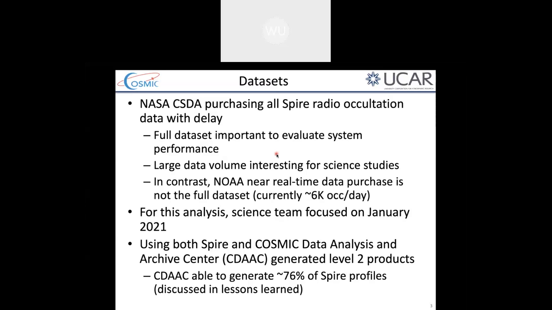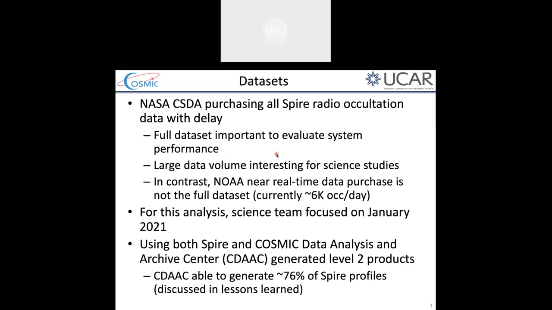So for these analyses, we focused on January 2021, and we're looking at both the Spire products, that is the products that we can download from the CSDA site generated by Spire, and then we also downloaded the lower level observation data and generated our own level 2 products in the CDAC framework, the Cosmic Data Analysis and Archive Center.